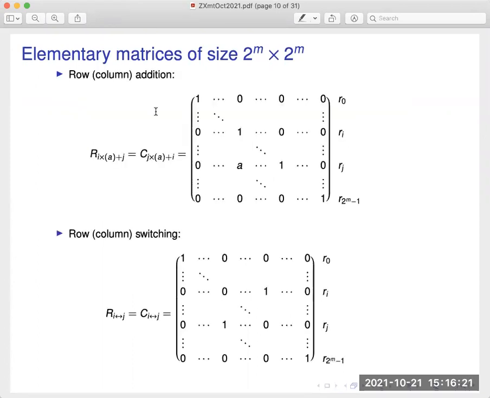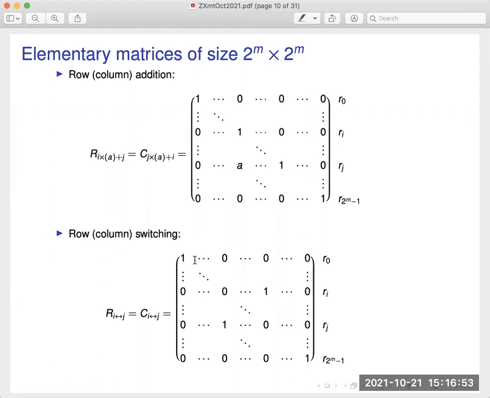And also there's row or column addition. That means for the ith row, you multiply by A and then add it to the jth row, and you get this elementary matrix. Or if you see it as a column operation, then it is the jth column times A added to the ith column.